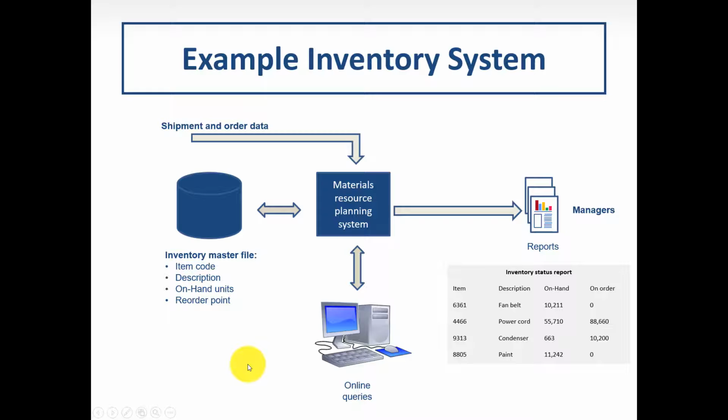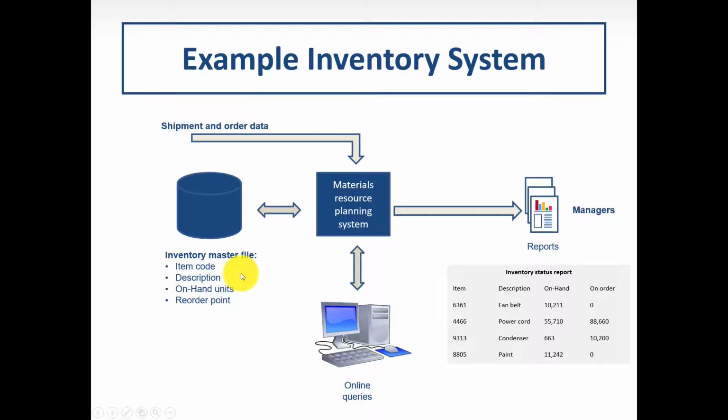Okay, so here's a more particular case because this course is about supply chain. A typical information system would be the one that controls stock or inventory. So you have your MRP system, your resource planning system, represented here by this box. That system relies on a database, which we can call the inventory master file.